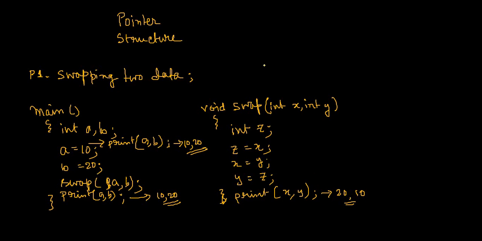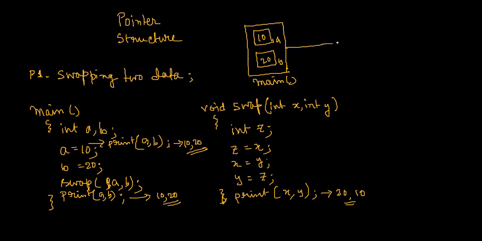You see, if you take the diagram with respect to the current scenario, this is your main function and you have a and b over here. This is a and this is b. So a contains 10 and b contains 20.